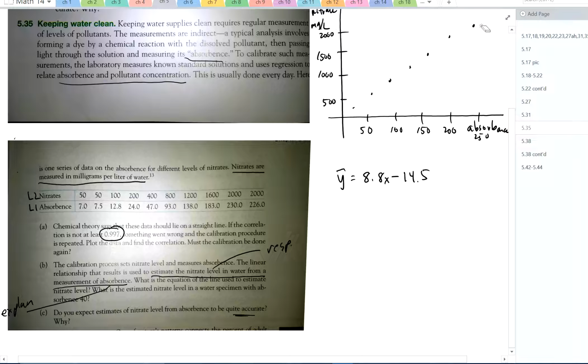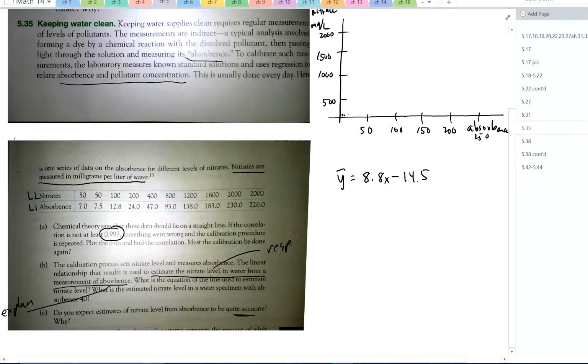Now that's going to change what my points look like, so it might be better, since I have a handful of points, to just plot the data, because I got rid of my axis accidentally. 7 and 50, these are going to be tiny way down here, right? 7.5 and 50.